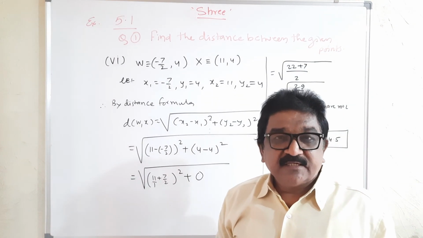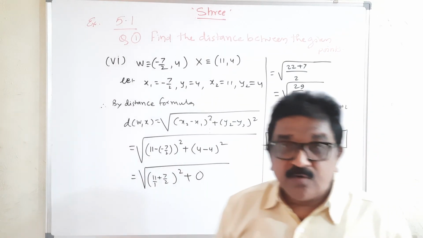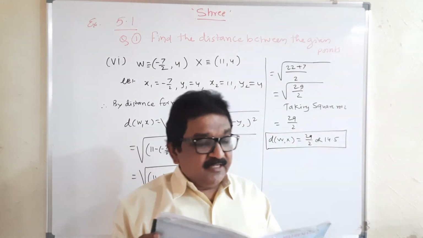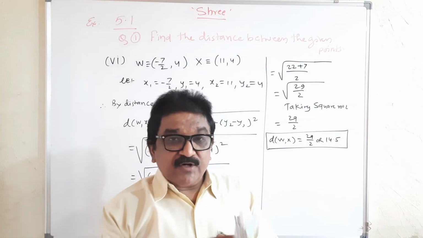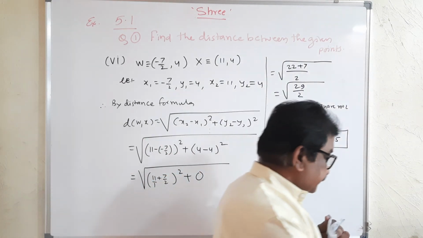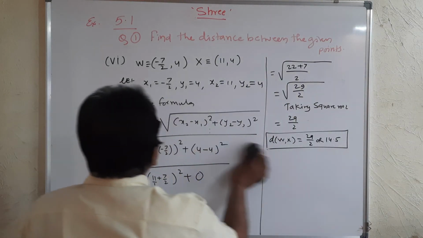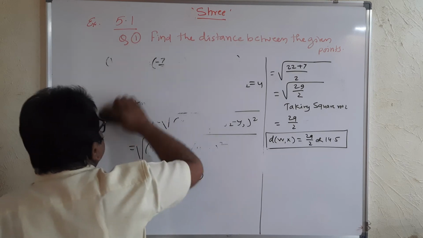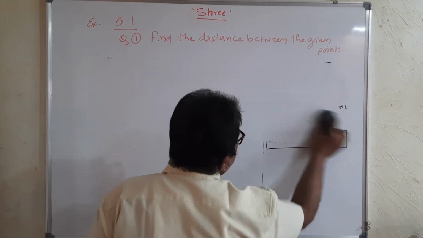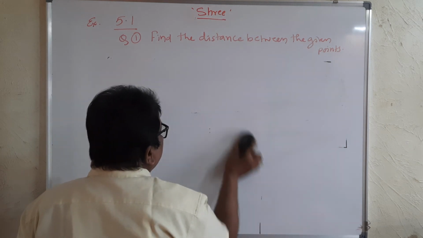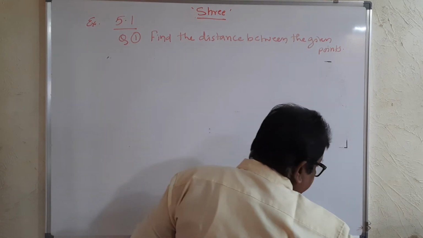Next question is collinearity. Determine whether the points are collinear or not by using distance formula. You have to find two distances.